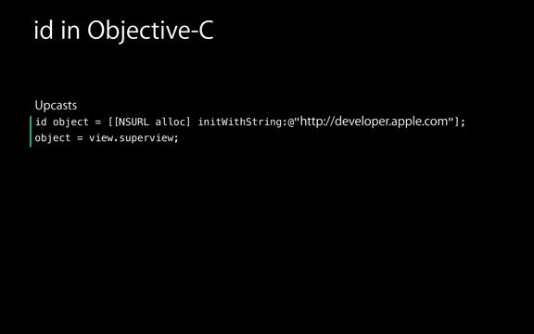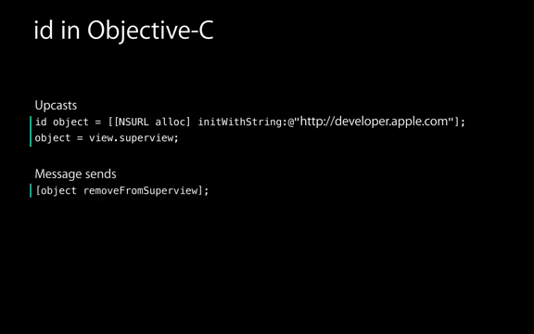And there's a couple core operations that you can perform on id. You can do upcasting on it. So if I have this variable object of type id, I can put an NSURL into it. Later, I can go reassign it, and I can put a UIView in it. That's perfectly fine. They can both be upcasted, essentially, to id. They're both objects.